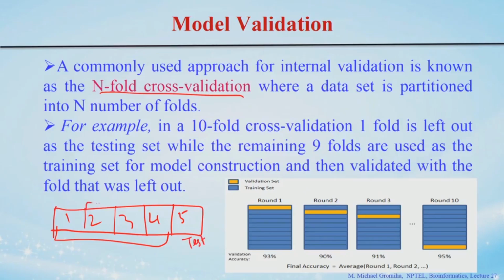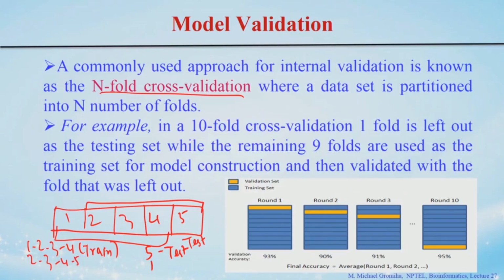First case is 1, 2, 3, 4 training and 5 as test. The second case you take 2, 3, 4, 5 for training and 1 as test.